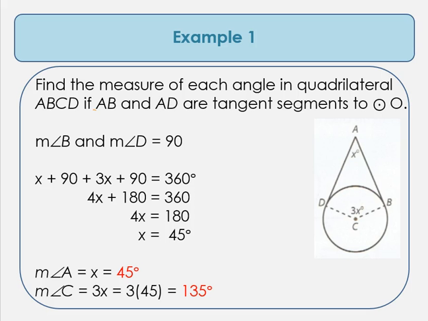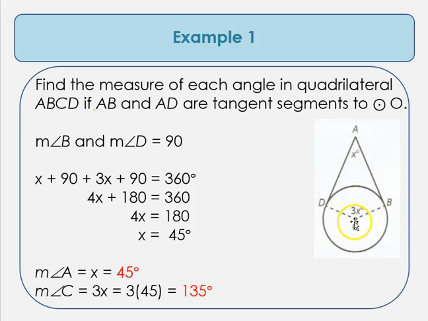Let's look at example 1. We have a circle. We have two lines drawn outside of the circle. They appear to intersect with the circle, and we'll see. So it says find the measure of each angle in quadrilateral ABCD. So this is a four-sided figure.